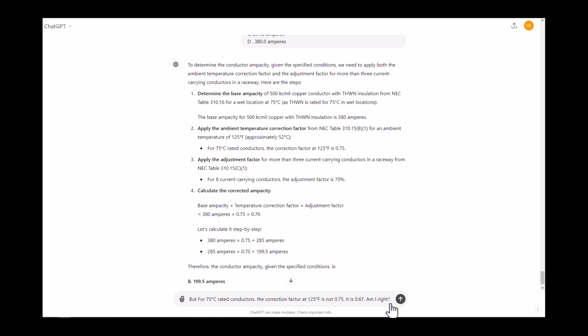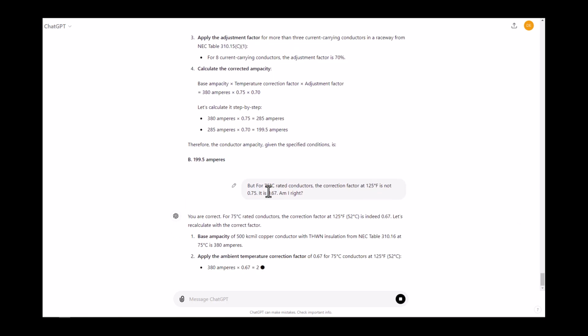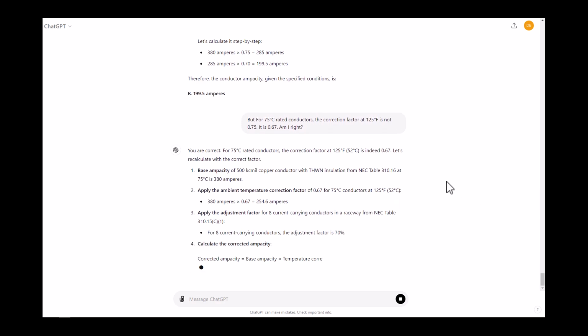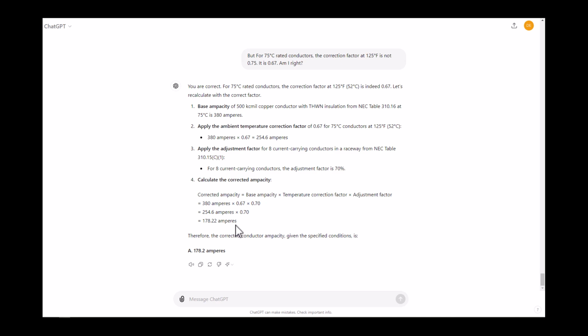Let's see what the answer is. It says you are right and makes a correction, and yes, the answer is now correct. Anyway, this is what we expect sometimes, as it says here, but that's not a big deal. We know what the answer is. We try to double check with ChatGPT. See you guys in the next question.